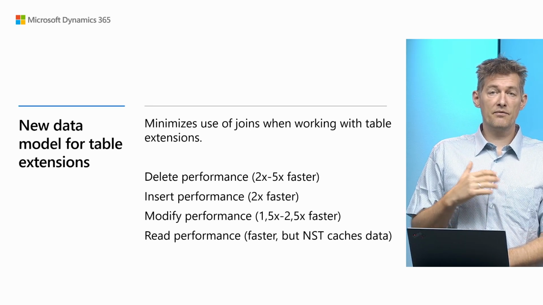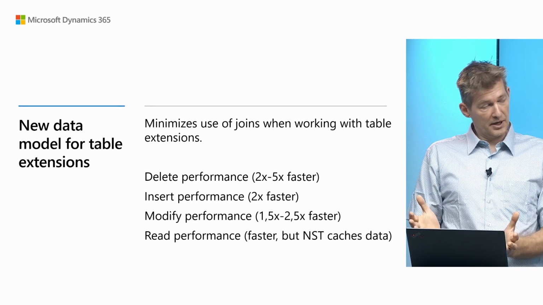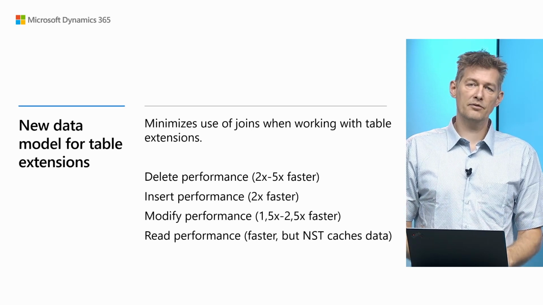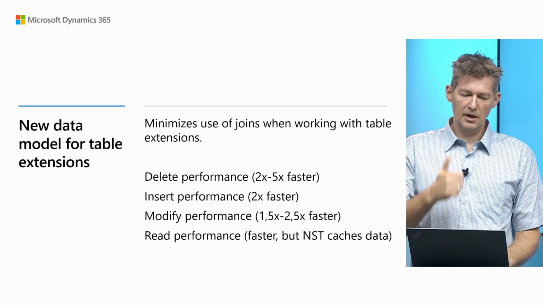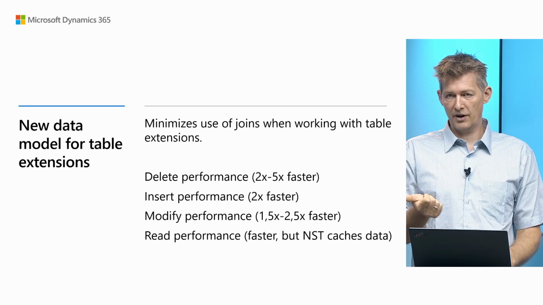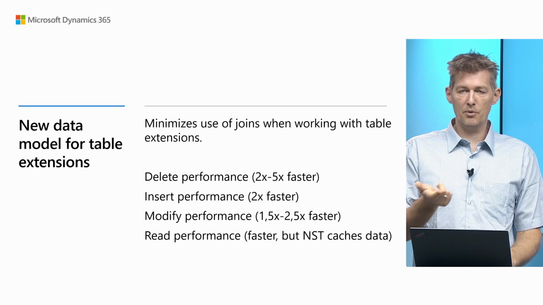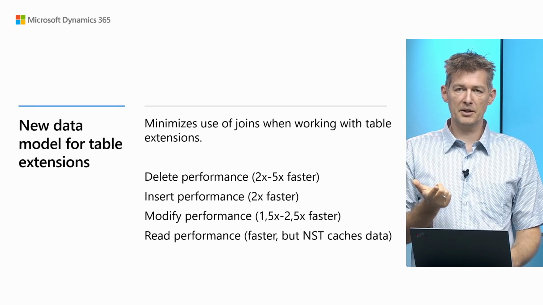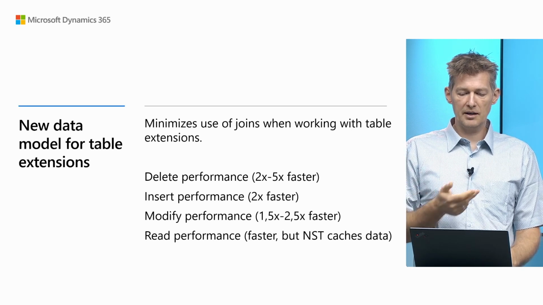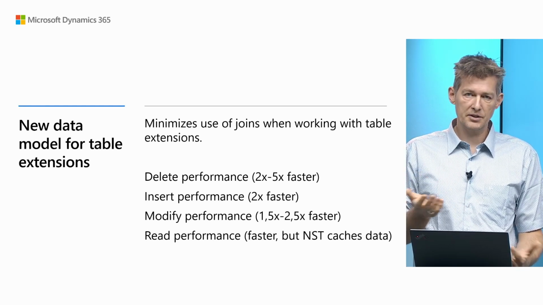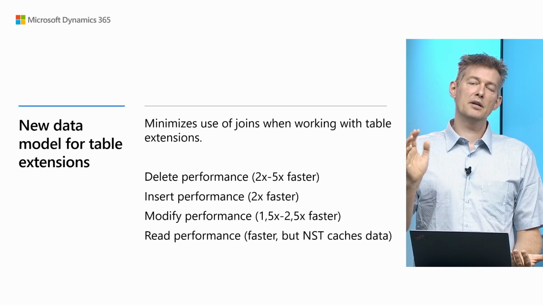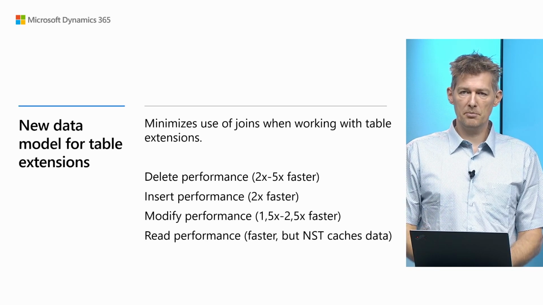And it severely affects, in a good way, the performance of database operations. Delete operations 2 to 5 times faster, insert performance twice as fast on the measurements we have. Modify can be also 2 times faster, and read performance is definitely where we see the most impact.